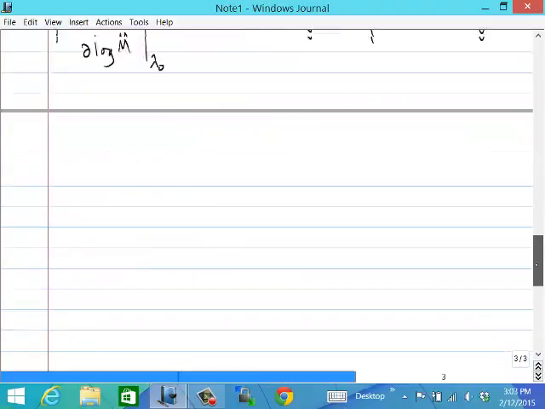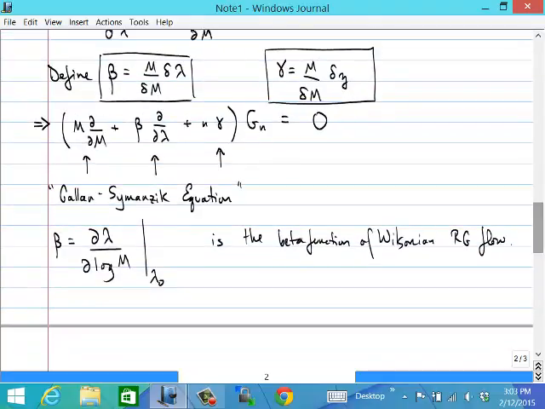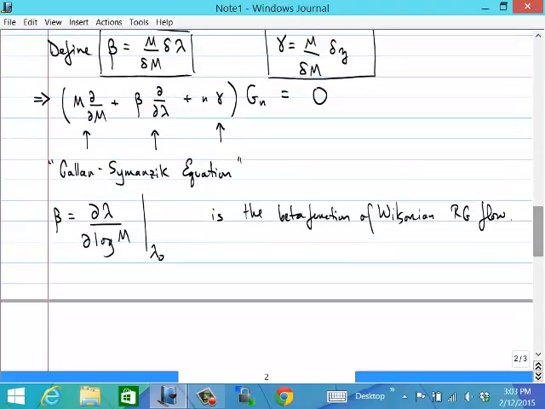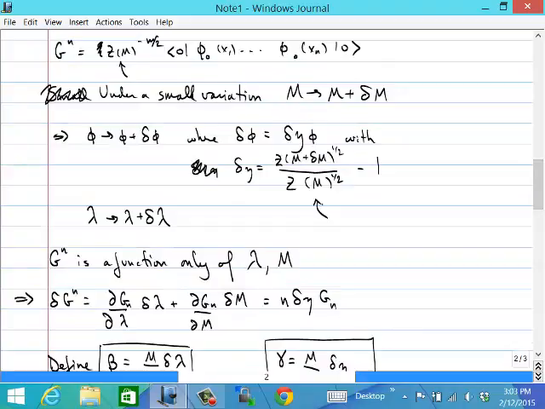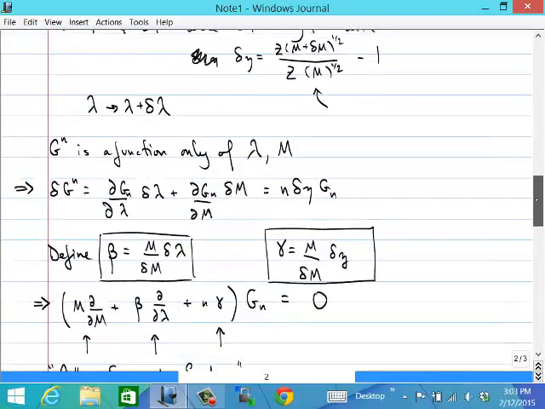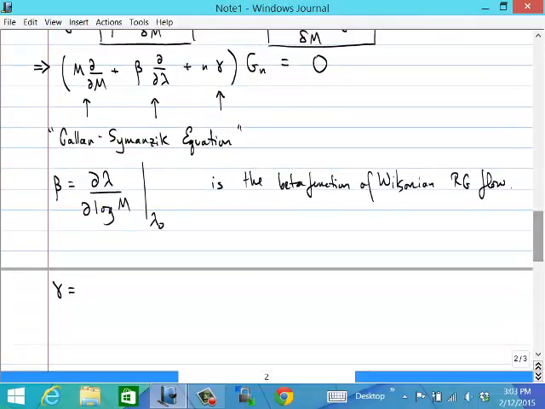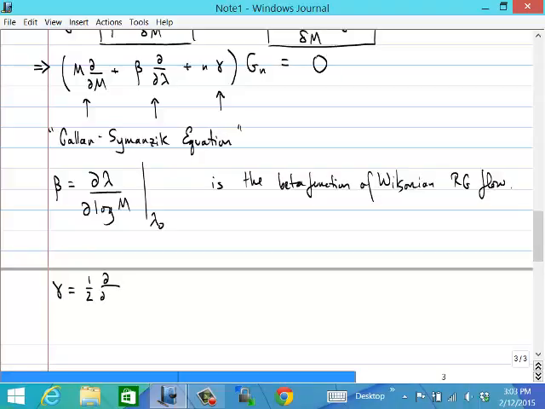And finally, this function gamma. Let me write this down below. So gamma was m over delta m times delta eta, which could be rewritten. We can use the fact that delta eta is essentially z to the 1/2 power to rewrite gamma as 1/2 d by d log m of the log of the wave function renormalization.